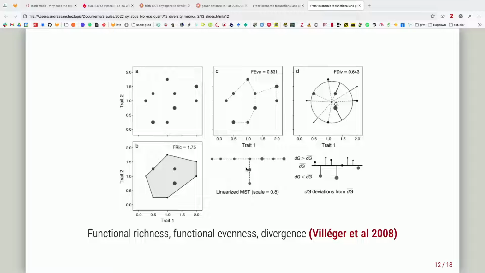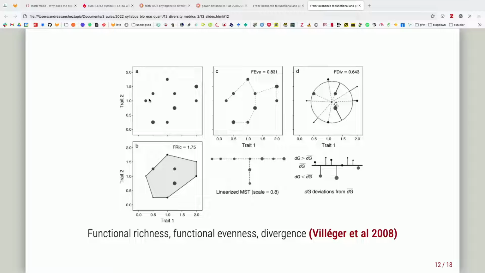You have trait 1 on the X and trait 2 on the Y dimension, and you have 9 species located in the functional trait space created by traits 1 and 2. This could be species, but also individuals of the same or different species. In this case, it's species.